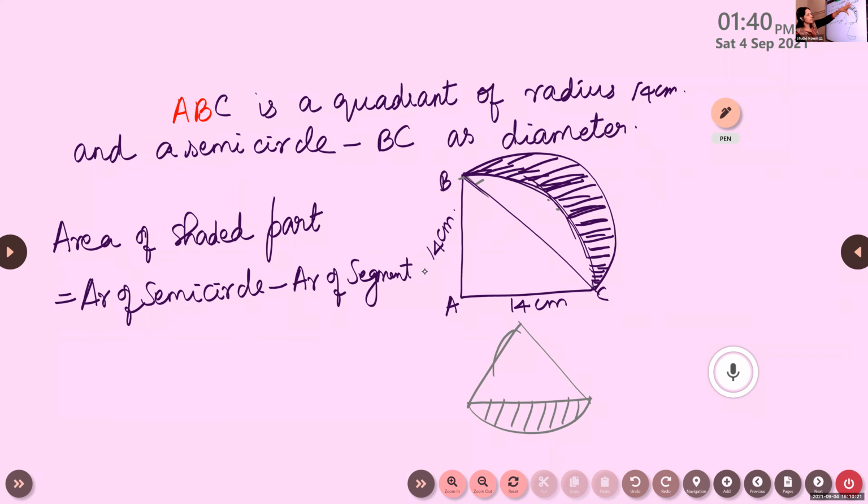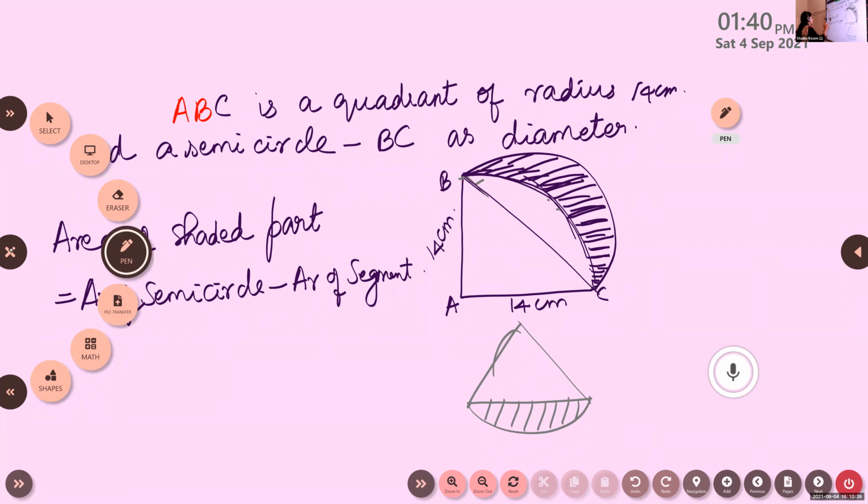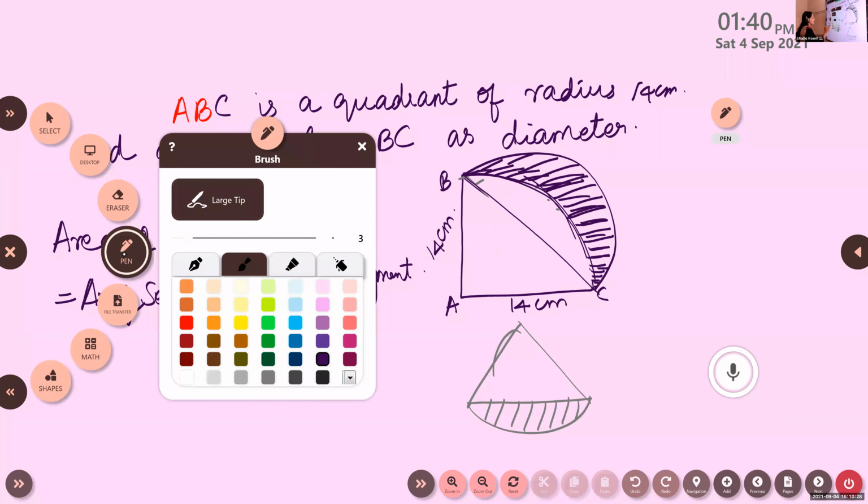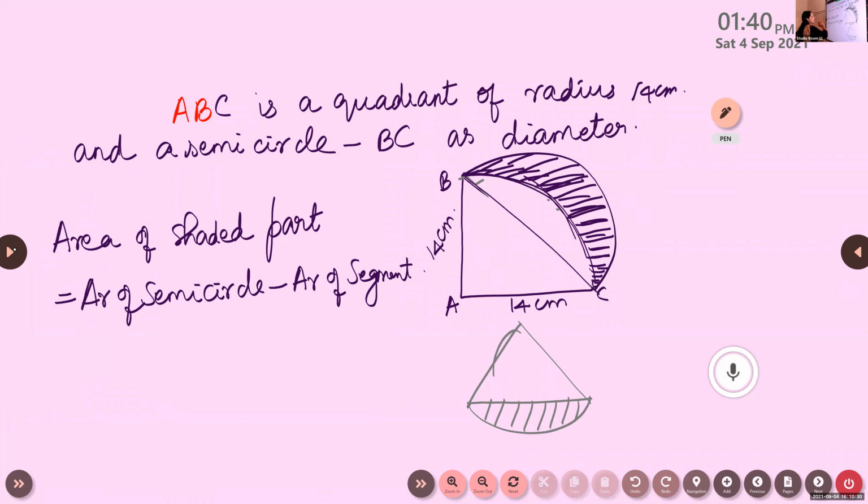Now look, consider the semicircle. For the semicircle, what is the radius? With BC as diameter, we draw a semicircle. Now my question is, what is BC?